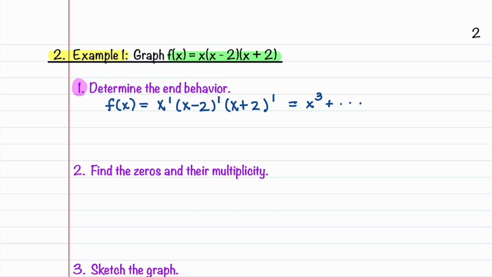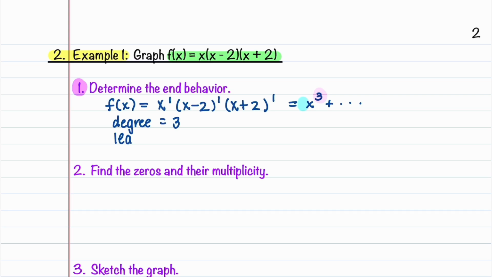To find the end behavior, we need to find the degree and the leading coefficient. Our degree is equal to 3, so let's write down degree is 3. And then our leading coefficient is just equal to 1 because there's a 1 multiplying x cubed.